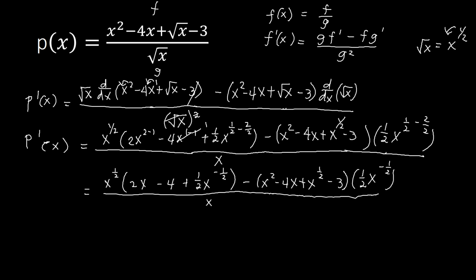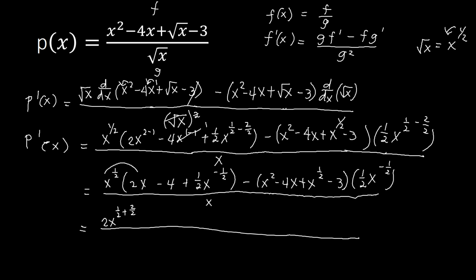So simplifying that one, this is now equal to, so this time we are now ready to distribute that one. So x to the power of 1/2 times 2x, that will be 2x to the power of 1/2 plus 1. Or, since that is only 1, we can do that one right away as 2 over 2, so that it will be a lot easier for us to add that one later.